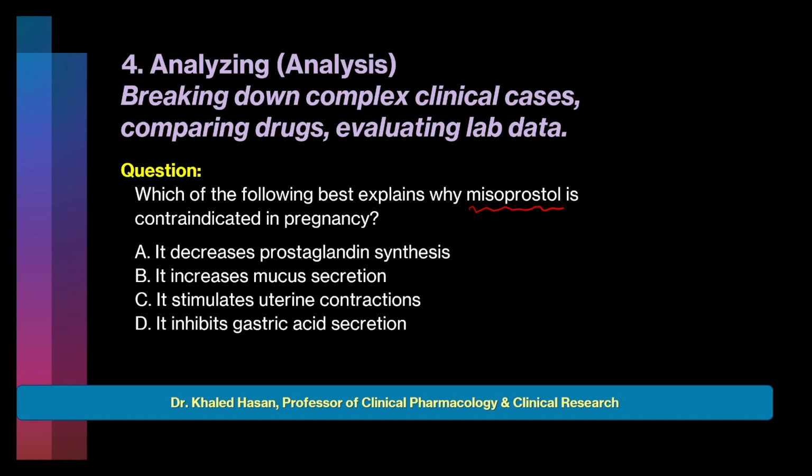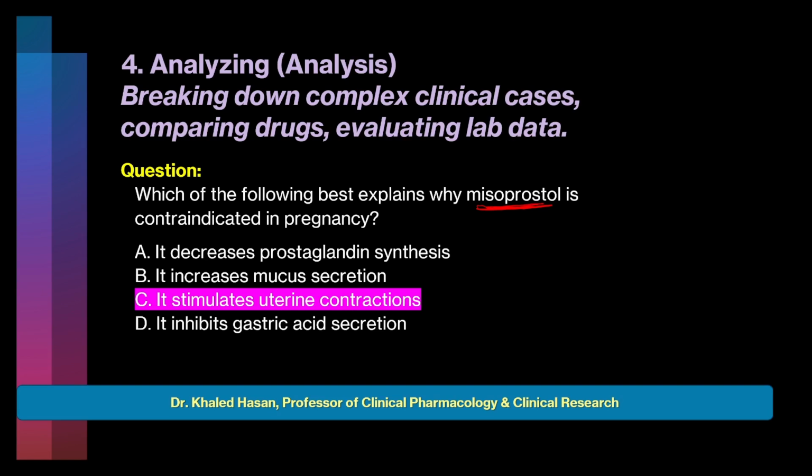Or C, stimulates uterine contraction. Or D, inhibits gastric acid secretion. So the correct answer is that misoprostol is considered contraindicated during pregnancy because it stimulates uterine contraction and may cause abortion.